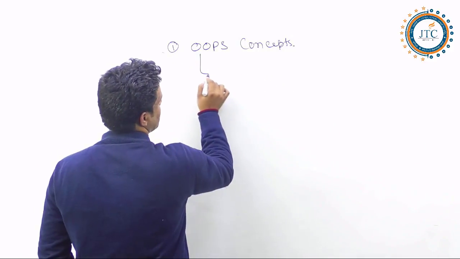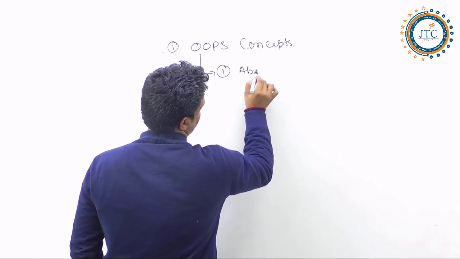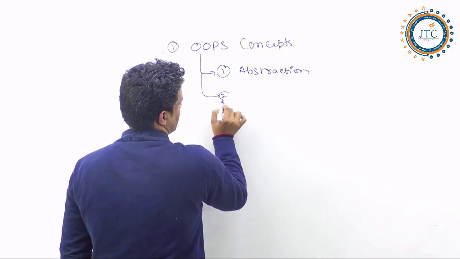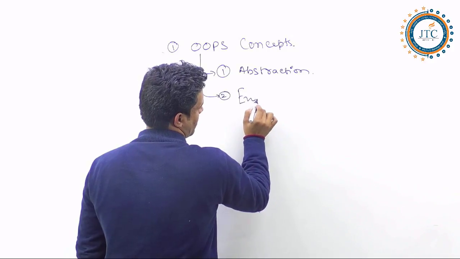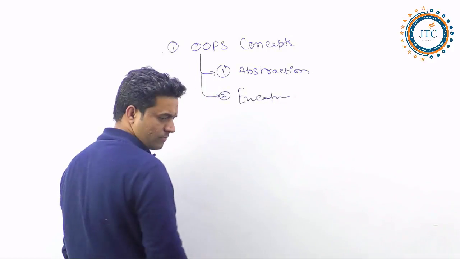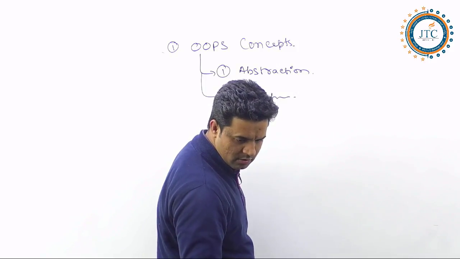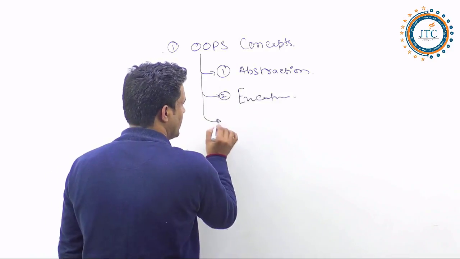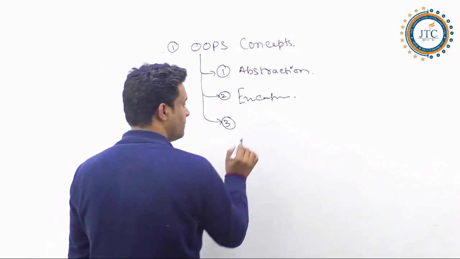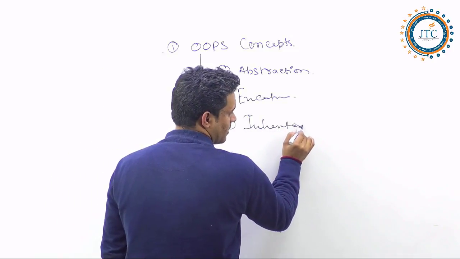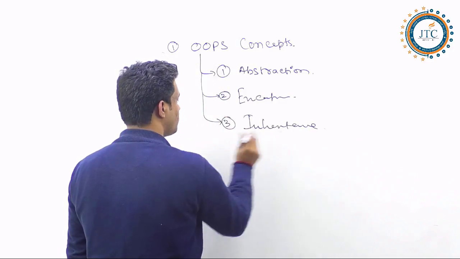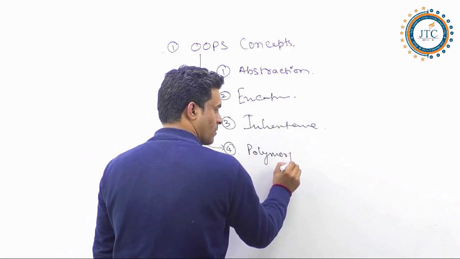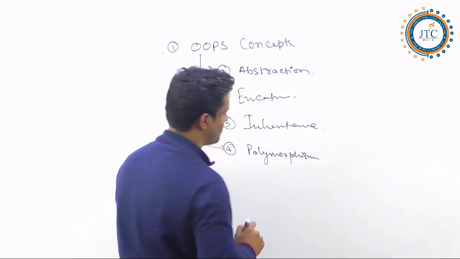First, the first one is abstraction. The second one is encapsulation. The third one is inheritance, and the fourth one is polymorphism.